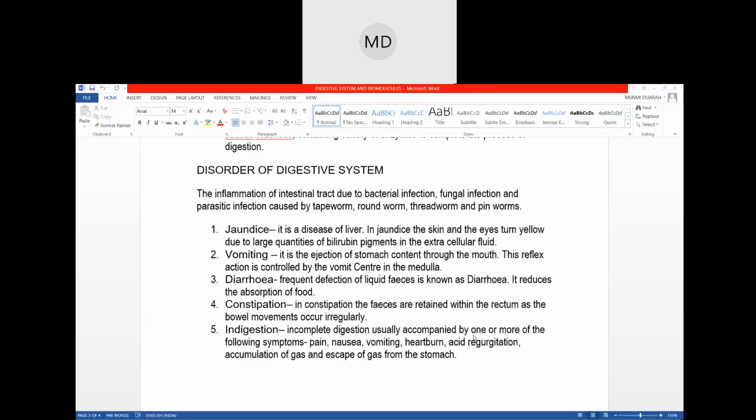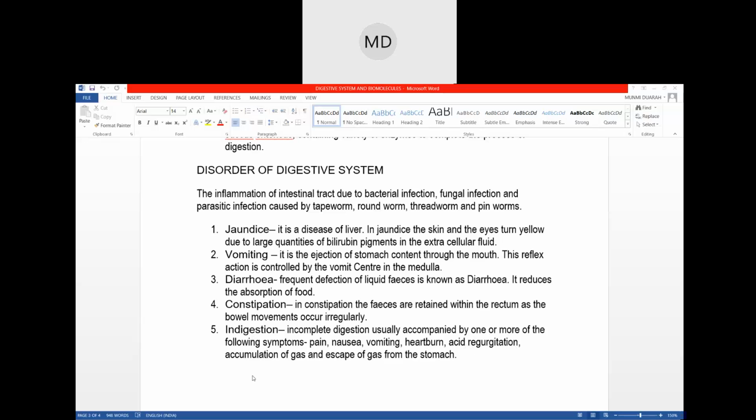I hope you have experienced it: it is not vomiting, but sometimes some fluid comes out of the mouth, and it has a very weird and very uncomfortable taste. That is known as acid regurgitation.